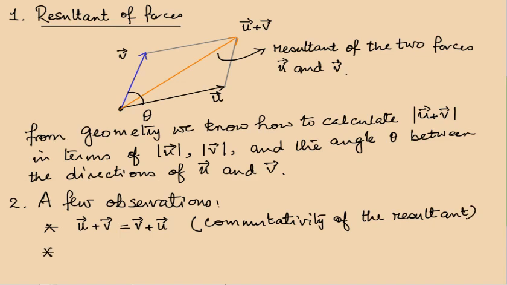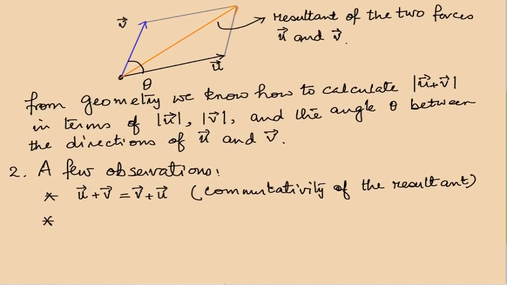Furthermore, if three forces acted, then obviously, say U, V, and W, we could first find the resultant of this V and W, and then look into this. Or we could find the resultant of U and V, and then find the resultant of W with this.